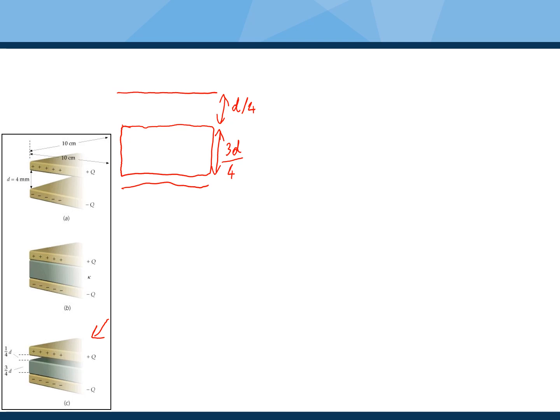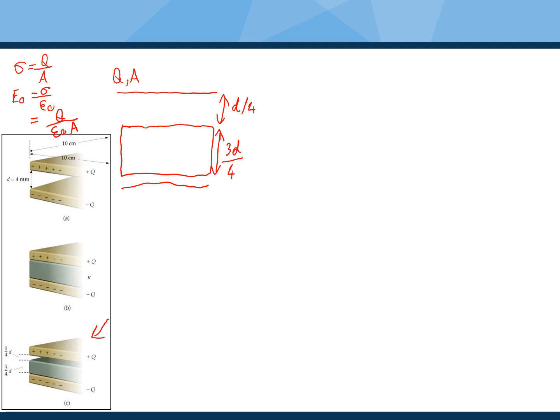Now, what can we say about the electric field? Notice that we're told that we have Q amount of charge placed here, and the area of the plates is A. Therefore, the surface charge density sigma is just given by Q divided by A. And therefore, the original electric field E0 between the two plates is given by sigma divided by epsilon naught, which is equal to Q divided by epsilon naught times A. So the electric field is just equal to Q divided by epsilon naught times A, the original electric field before the dielectric is introduced.